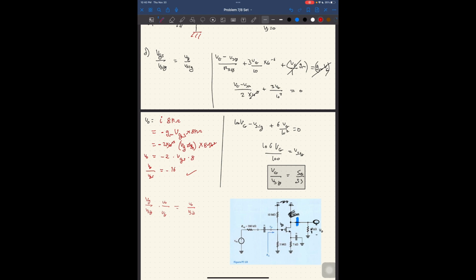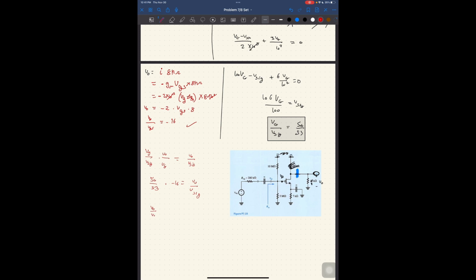And with the understanding that VG by V sig is equal to 50 over 53 times VO over VGS is equal to minus 16, I can say that VO over V sig is going to equal 50 over 53 times minus 16. I feel like I've made a mistake. No, I haven't made a mistake somewhere. Okay, I suppose I could leave it at this.